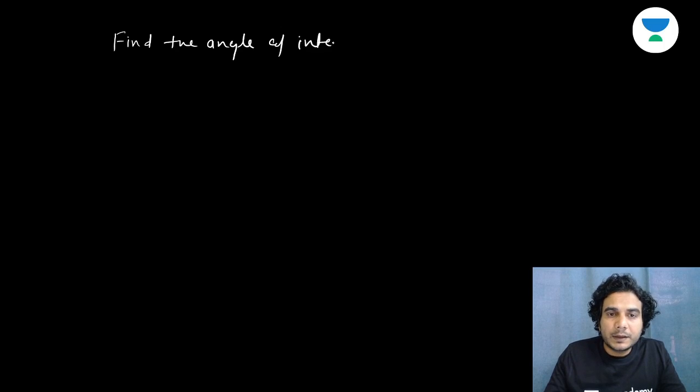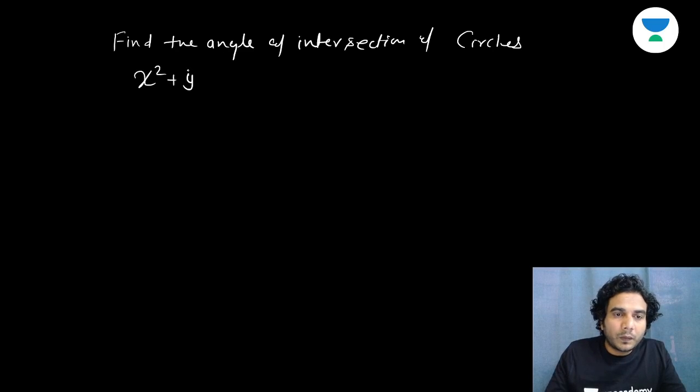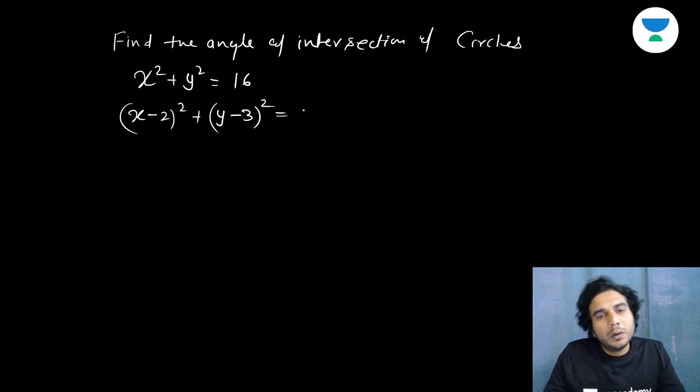Now, if I ask you, find the angle of intersection of circles x square plus y square is equal to 16, and (x minus 2) the whole square plus (y minus 3) the whole square is equal to 9.